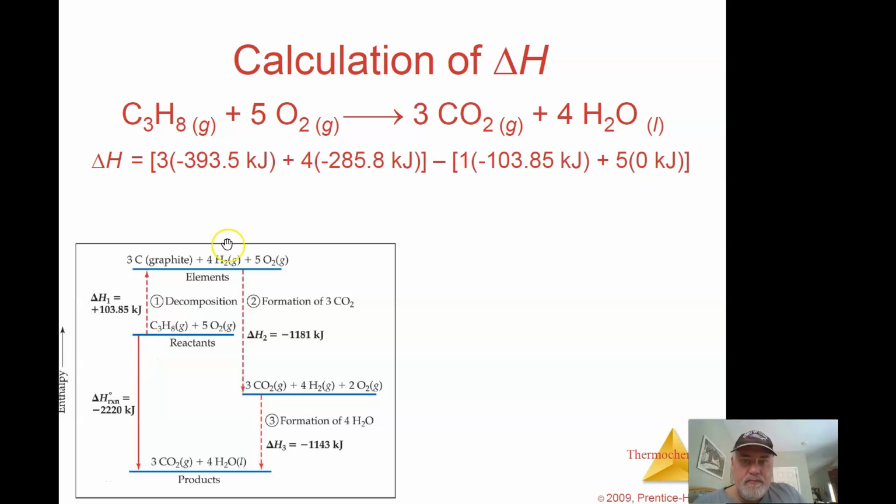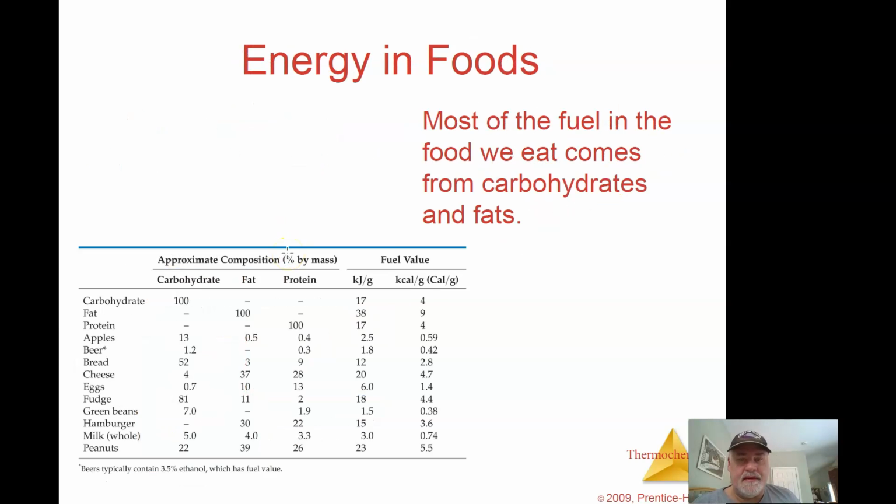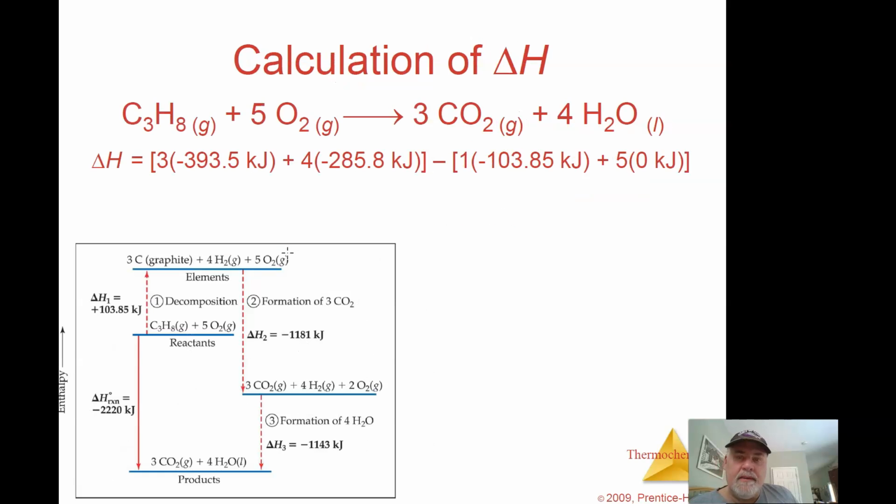So yeah, just by looking up the individual things and taking the products minus the reactants, you were able to come up with that number. Okay, so this you'll get good at when you practice a couple and check your answers. But you got to know where those numbers come from, and that's Appendix C. And it mentions it in the problems too.